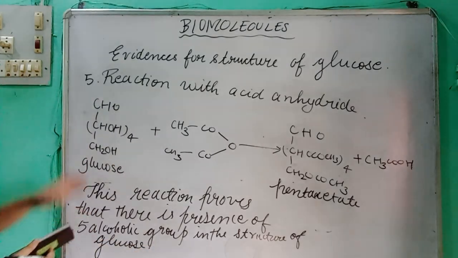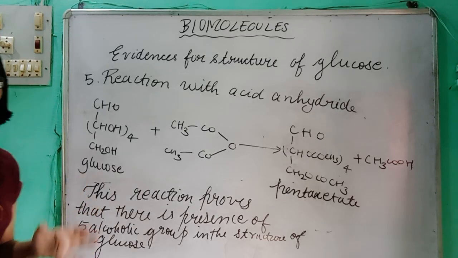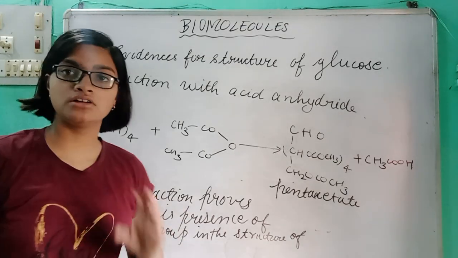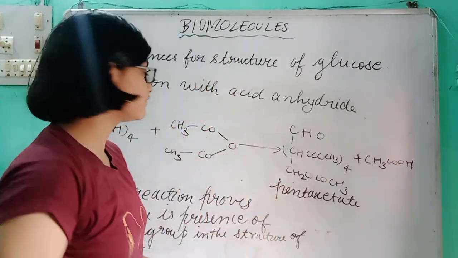So this was the 5th evidence, which shows that there is presence of 5 alcoholic groups in the structure of glucose. Now moving on to the last evidence, that is reaction with phenylhydrazine.